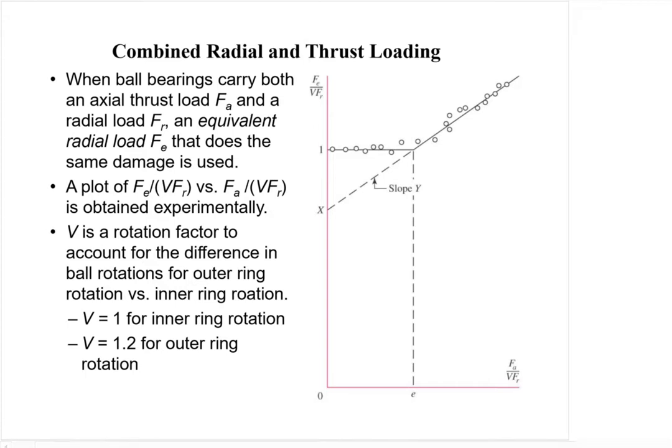If we have combined radial and thrust loading, we need to find an equivalent load.